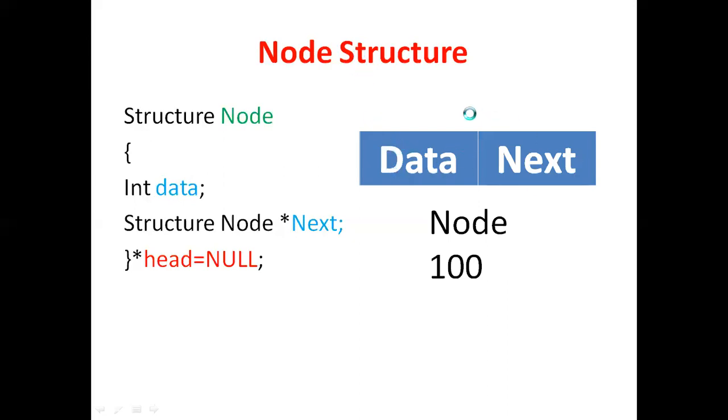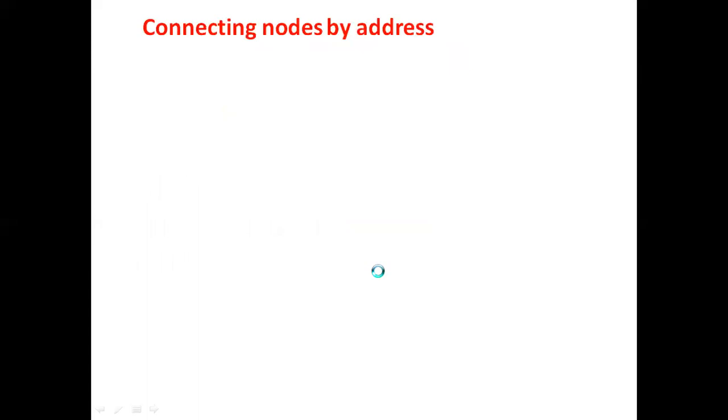The data part holds the values and the next part holds the address of the next node. Next, connecting the nodes. How to connect the nodes? By addresses. Next, before creating the first node, assign head equal to null.